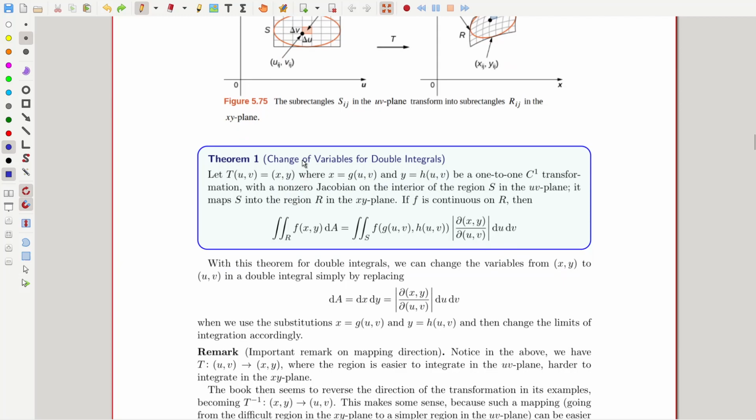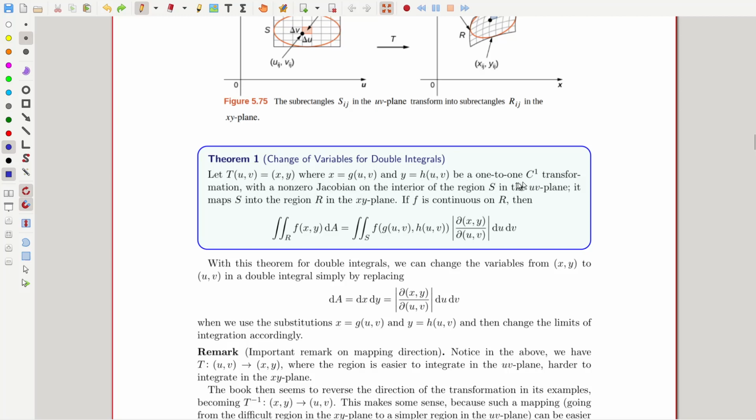Okay. Now here's a very important theorem. So this is why we do all of this. So suppose that you have this transformation going from the UV plane to the XY plane.